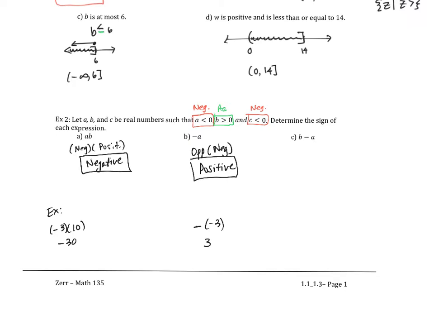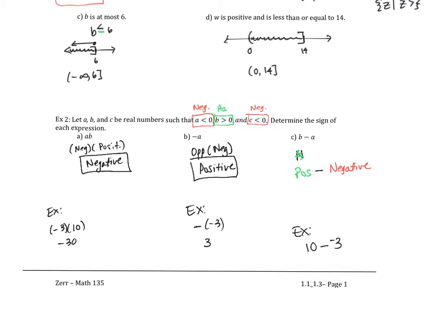B minus A. So we have B is negative. No, wait, sorry. B is positive. And then we have minus a negative. Sometimes it's nice just to see an example. You can just give yourself an example. So a positive, it would be like 10 minus a negative.